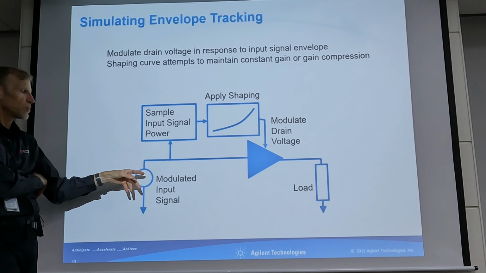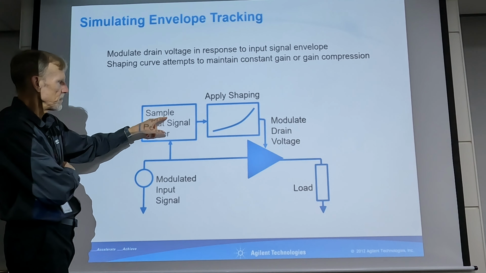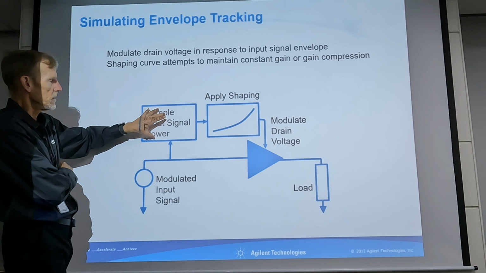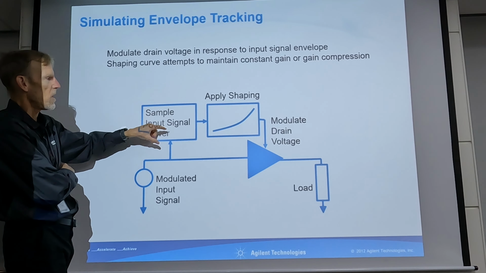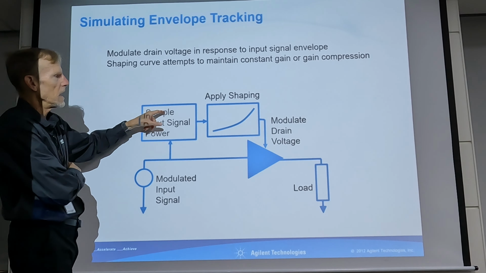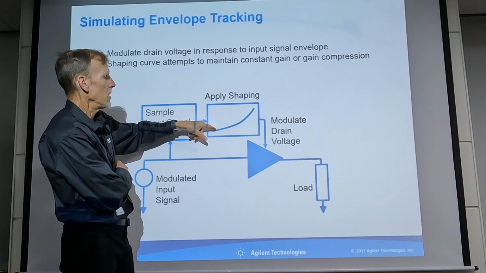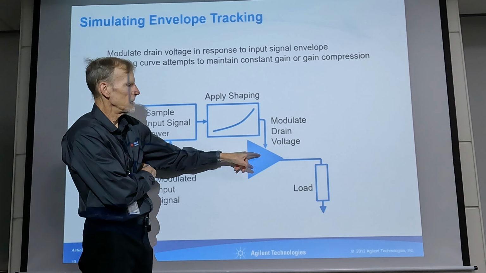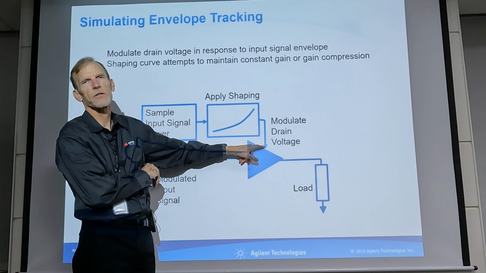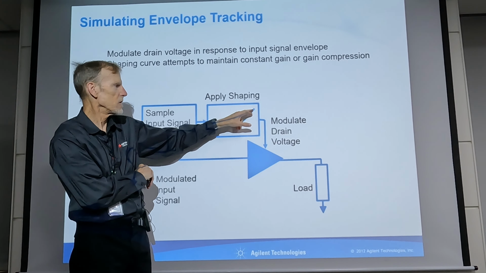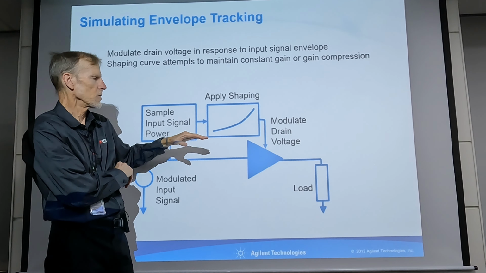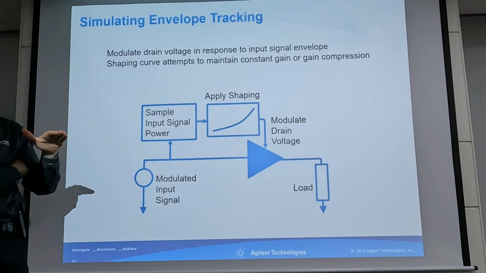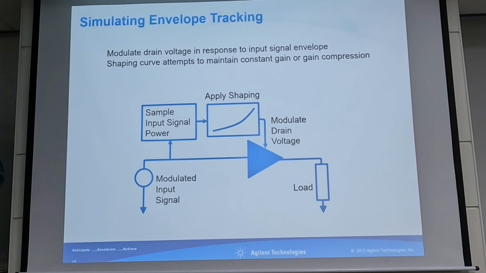The way this works is there's a block that uses equation-based models to detect the power, and then based on the power, what you have to do is simulate the PA, say, gain versus bias voltage, and then generate a shaping table from that so that you can keep the amplifier either operating at high efficiency or at constant gain as you change the input power level.